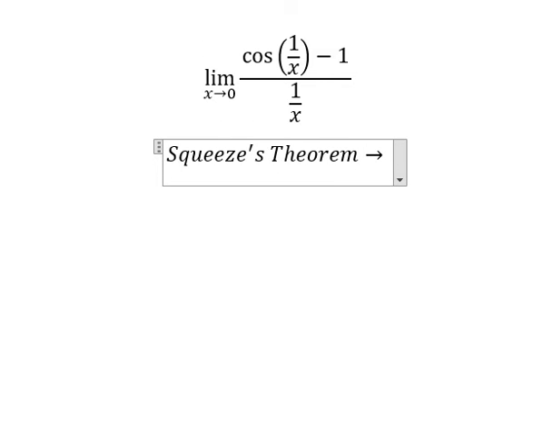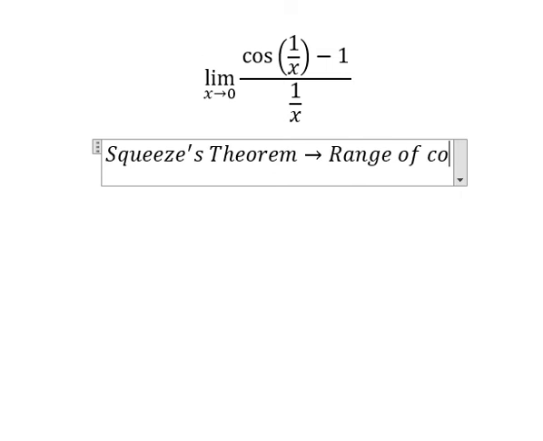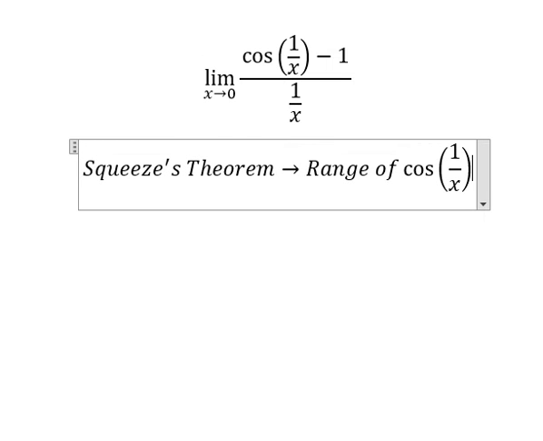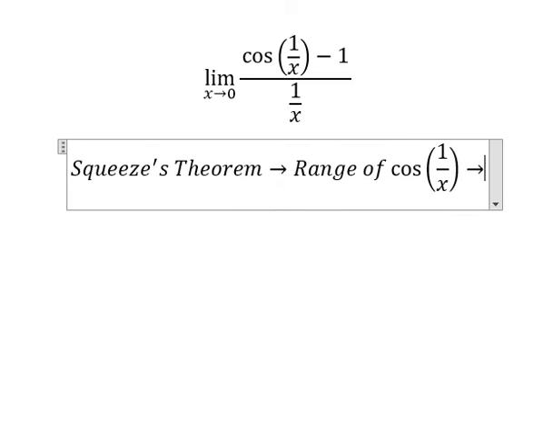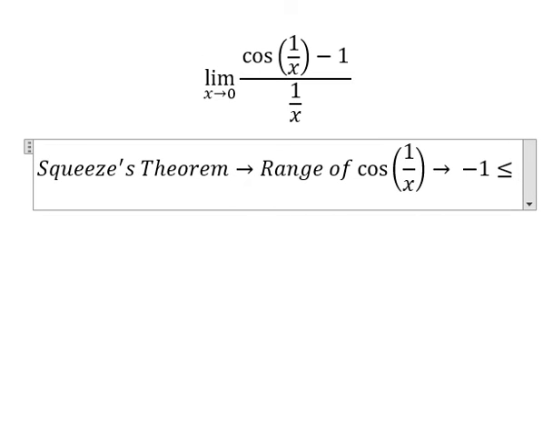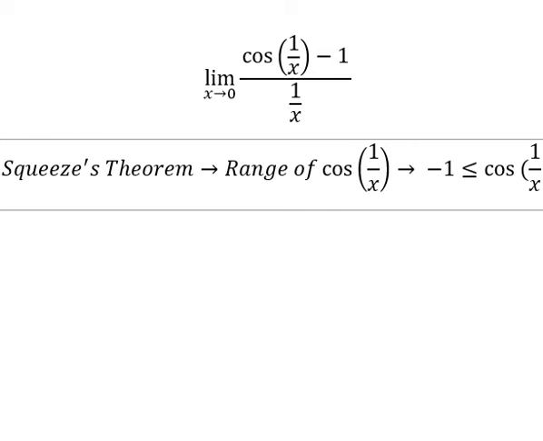So we know that the range of cosine of 1 over s should belong to from negative number 1 to positive number 1.